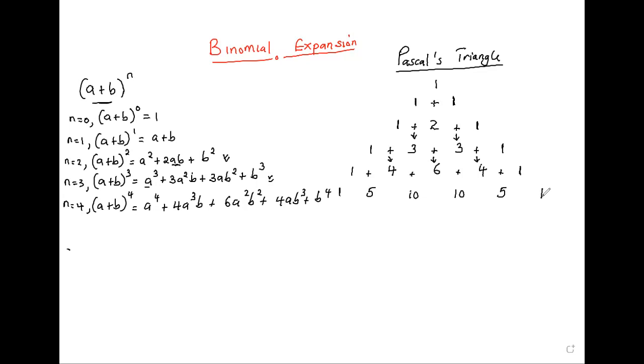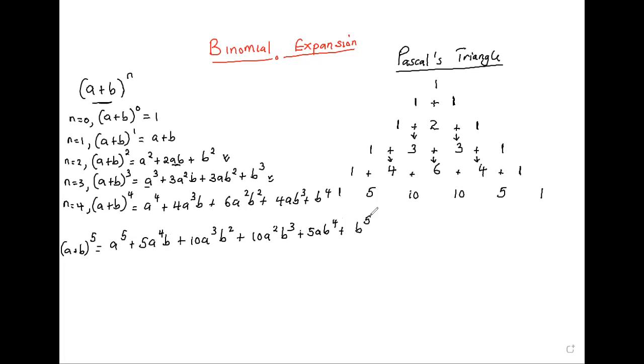Meaning that a plus b to the power 5 is a to the 5 plus 5a to the 4 b plus 10a cubed b squared plus 10a squared b cubed plus 5ab to the 4 plus b to the 5.